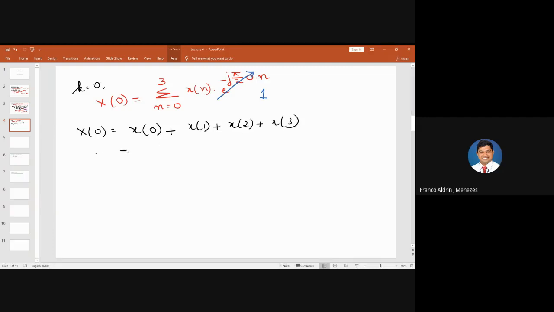We will substitute this as 0 plus 1 plus 2 plus 3. So taking this addition term, what is the value of x of 0 here? 1 plus 2 plus 3? 6, sir. 6. So x of 0 will be equal to 6 here, what we have obtained.